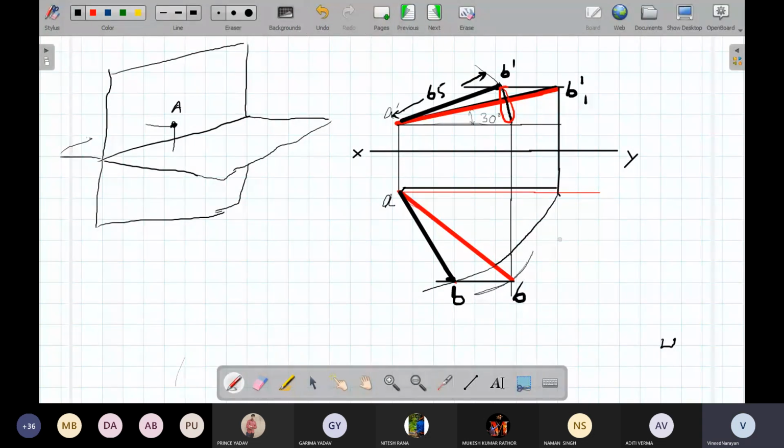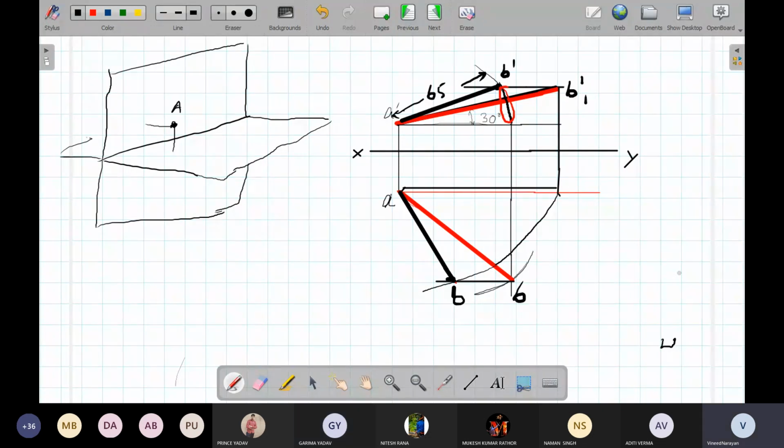But those who have not understood, I will explain with the figure what we normally do to find the true length. Okay. So I guess this question 8 is clear to you. Someone asked me how to solve this. Have you understood this? Yes, sir.